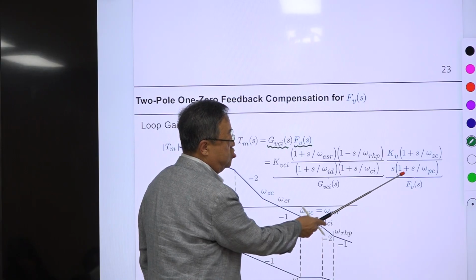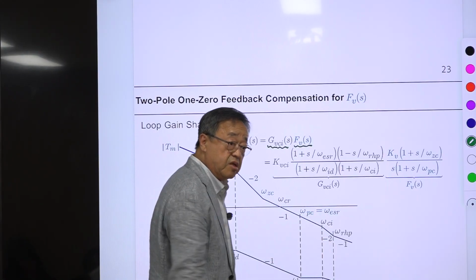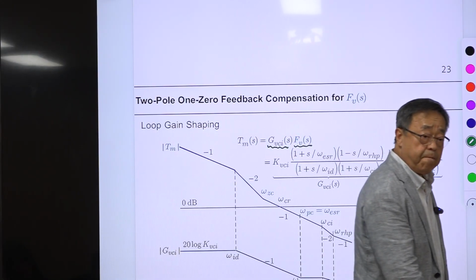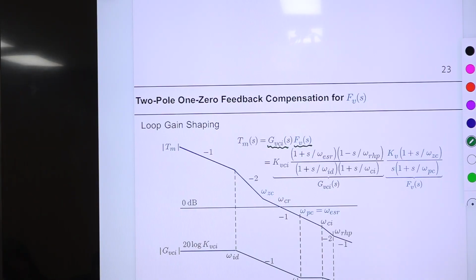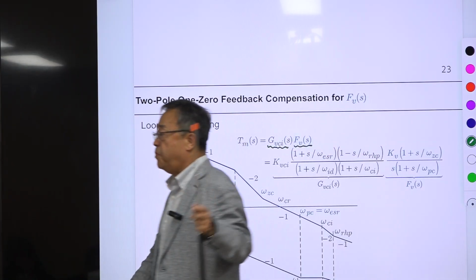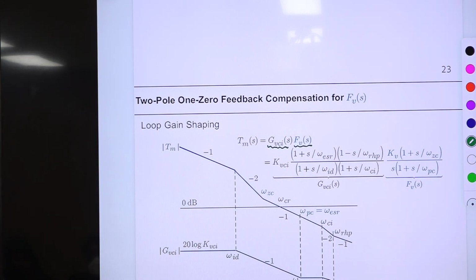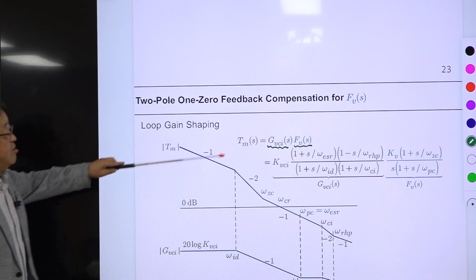This is the 2-pole 1-zero compensation, which is popularly used for the PWM converter with current mode control. This is almost constant. It's fixed. This is the natural choice because in most cases this is the best structure.